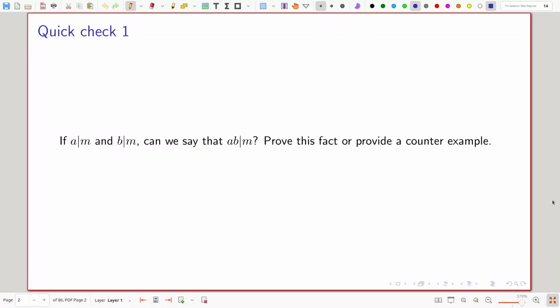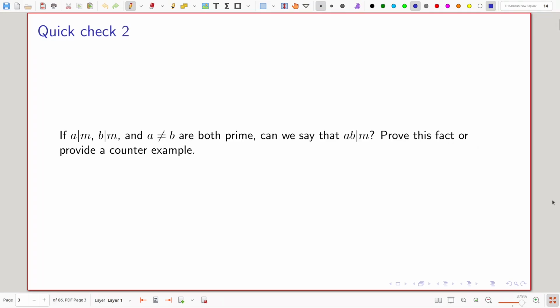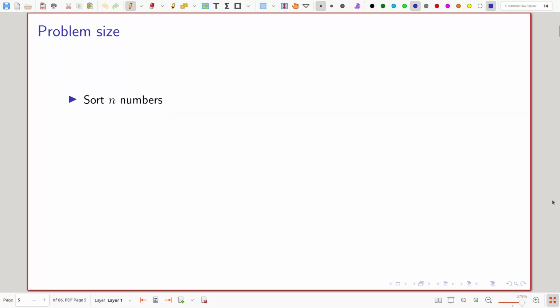I'm going to skip over all the quick checks because we don't have time. Let me remind you again about problem size, from when I told you that the Euclidean algorithm runs in polynomial time.